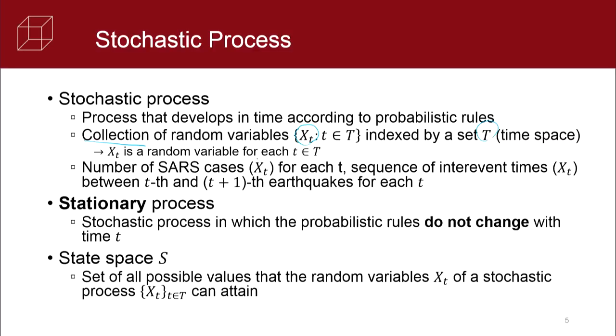X_t can be the number of SARS cases for each t in the first example, and in the sequence of inter-event times, X_t may represent the inter-event time between the t-th and (t+1)-th earthquake. These are examples of the stochastic process.